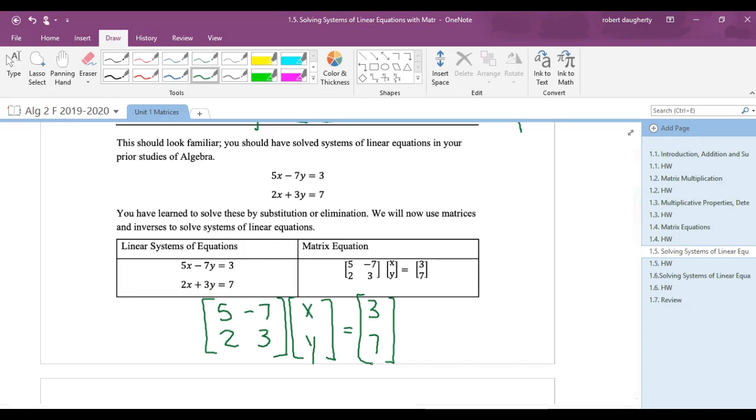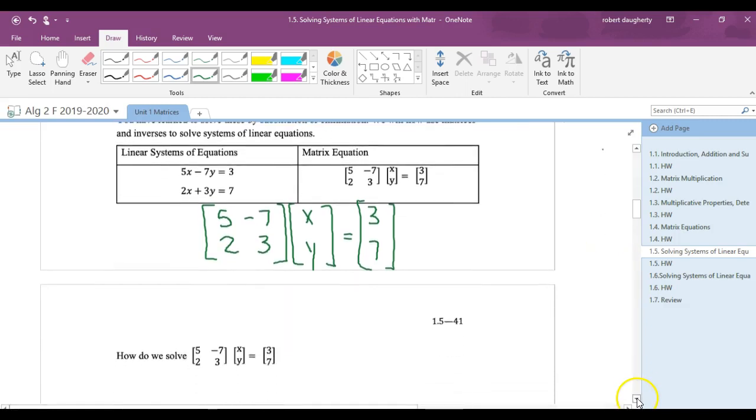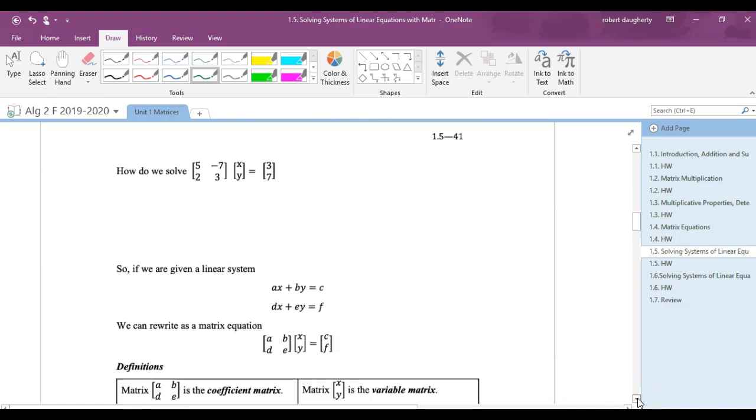And then we know how to solve this because that's what we did the last time we were together. So to solve this guy, how do we solve something like this? We know that xy is equal to the inverse of this matrix times 3, 7.